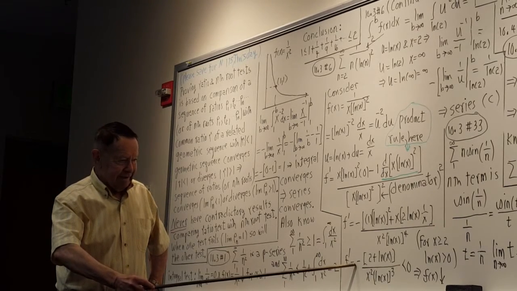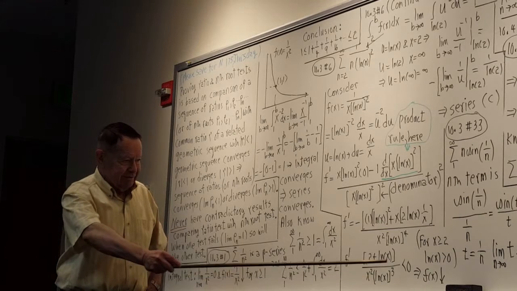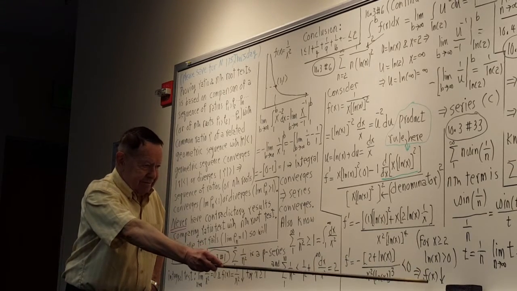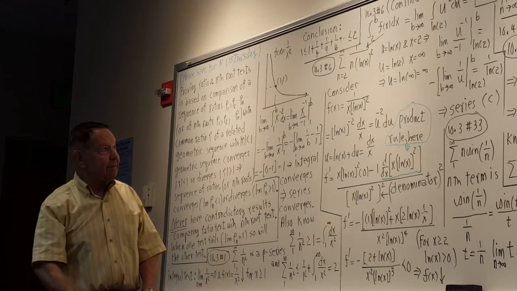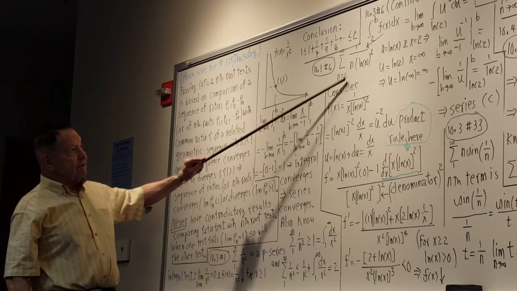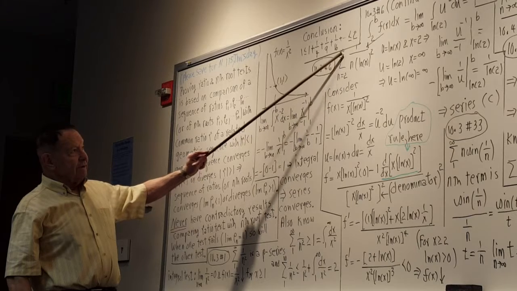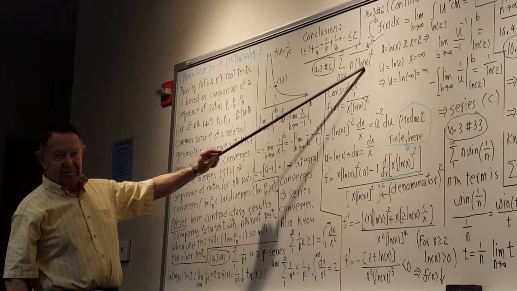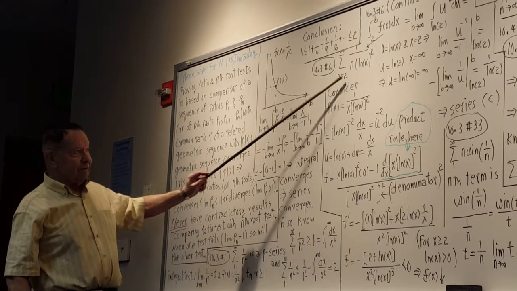So you have minus something positive, so it's negative. So your function's decreasing. Notice this series starts at 2. You could not have it start at 1 because log of 1 is 0. So this is from 2 on.